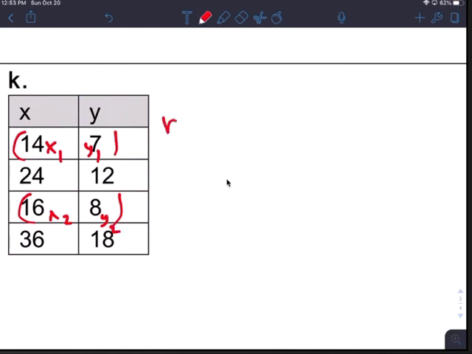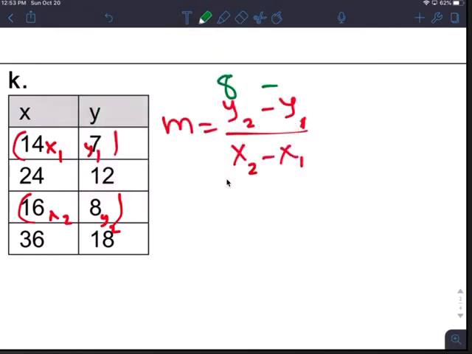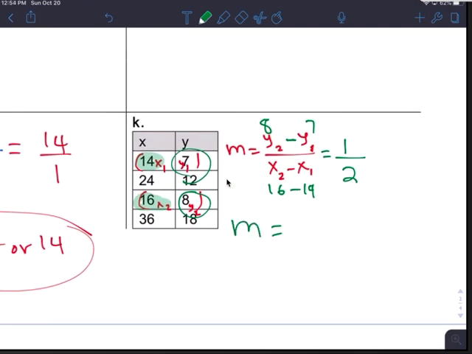Okay, rate of change or ratios formula, Y sub 2 minus Y sub 1 over X sub 2 minus X sub 1. 8 minus 7, which is 1, over 16 minus 14. So your ratio is 1 to 2. Slope is ratio of 1/2.